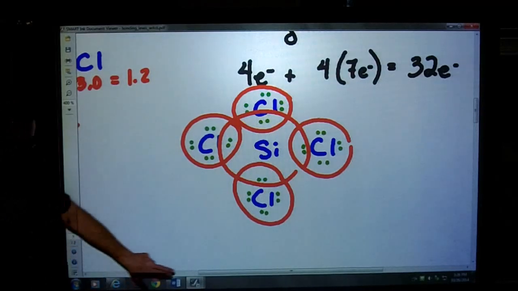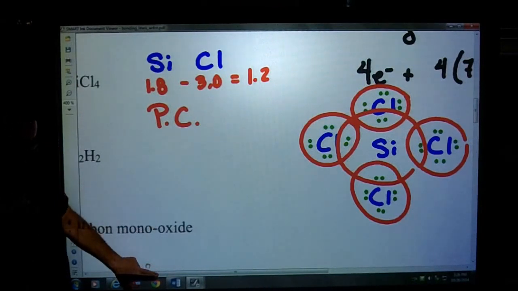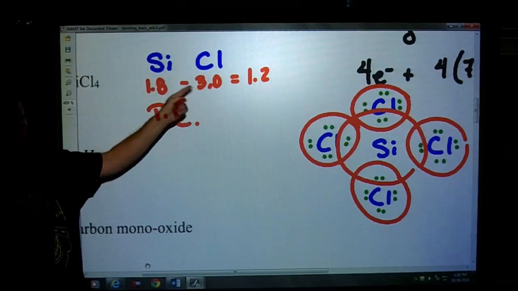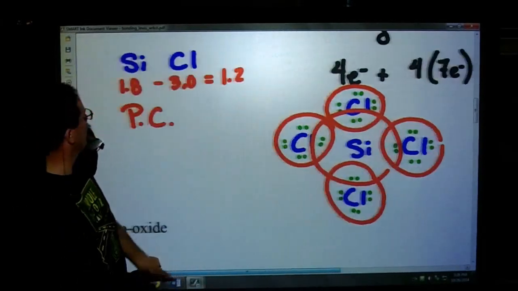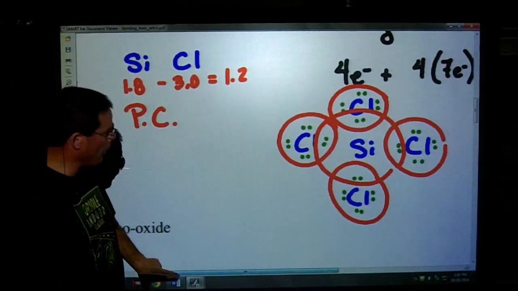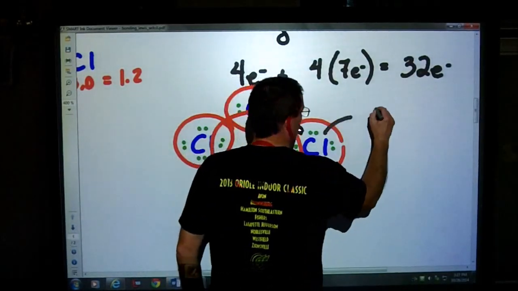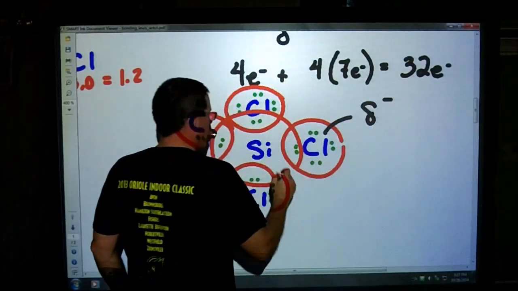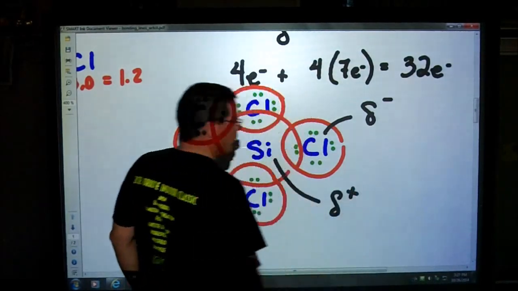Now let's assign the partial charges, since this is a polar covalent compound. Whichever has the higher electronegativity value is more negative. Chlorine is 3.0, silicon 1.8, so chlorine is partial negative and the silicon is partial positive.